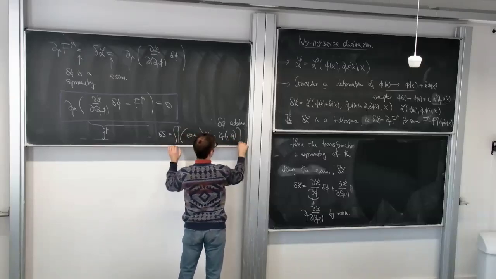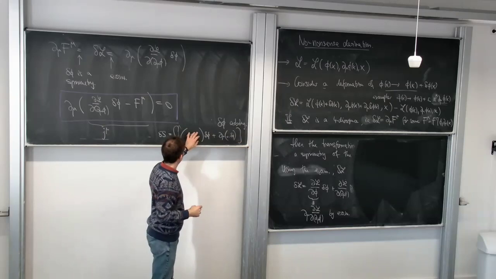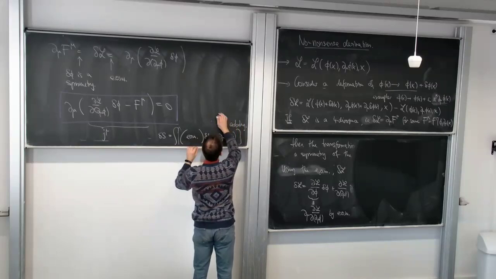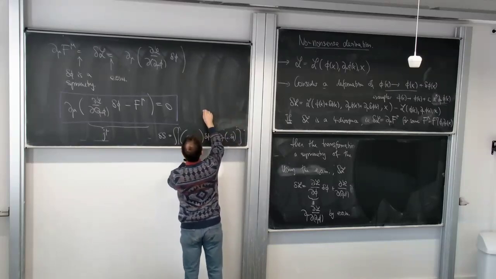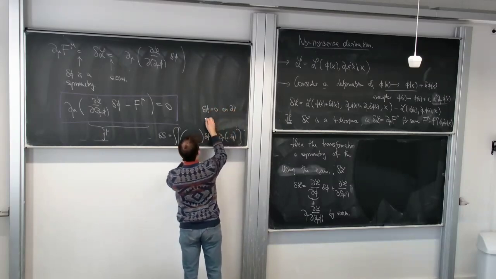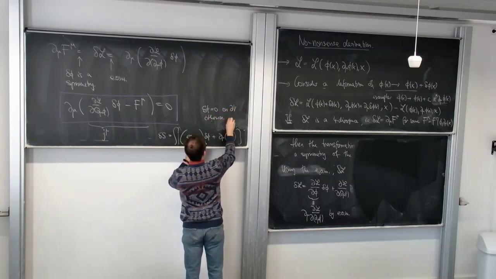So this, if you remember from last week. And then we said, well, not arbitrary: delta phi equals 0 on the boundary and otherwise arbitrary.